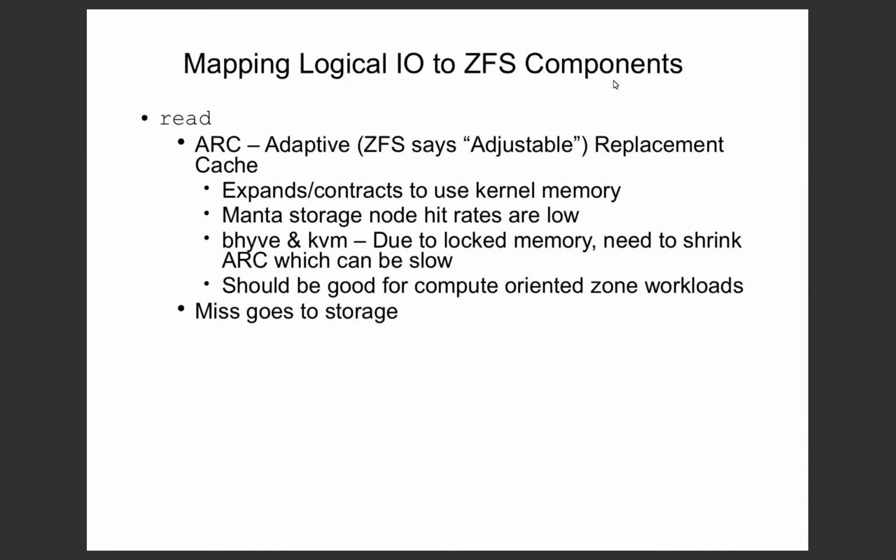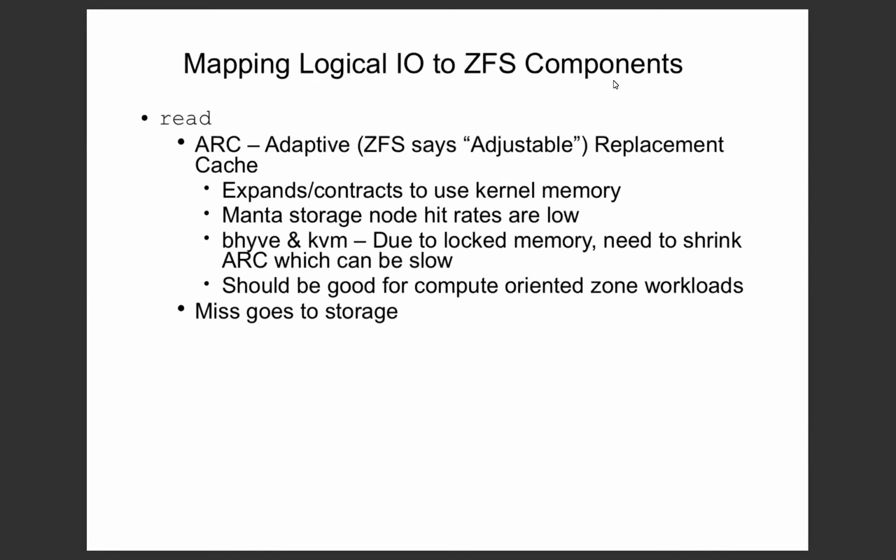The hit rates that we see on the ARC totally depend on the workload. If we look at a Mantis storage node, for example, we don't see a very good hit rate in the ARC, because a lot of times these objects are written onto the storage node and then maybe not read back by the user till a month later or something like that. So the hit rates are very low.